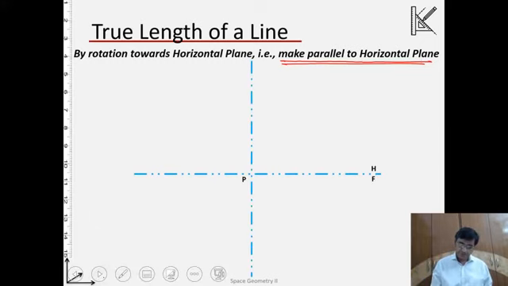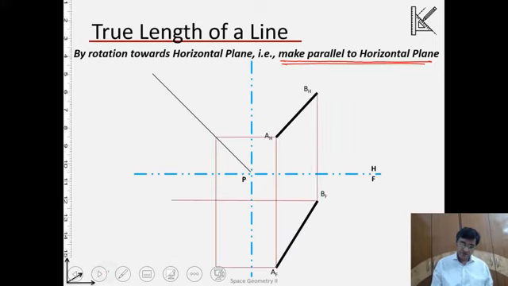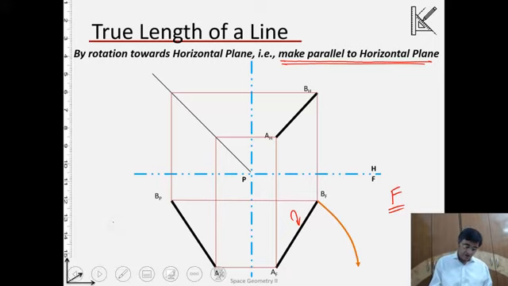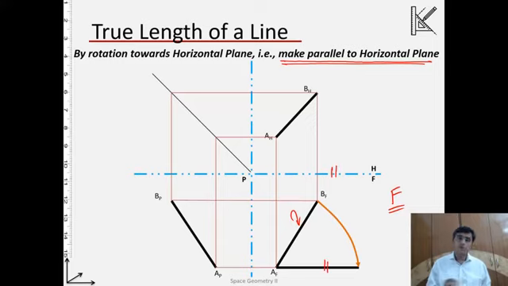Concept is same. Okay, same line, its projections in all 3 orthographic planes. So as I said, this particular frontal plane projection of the line, I'm now rotating it and making it parallel to the horizontal plane. So by doing it I have made it parallel to the horizontal plane.